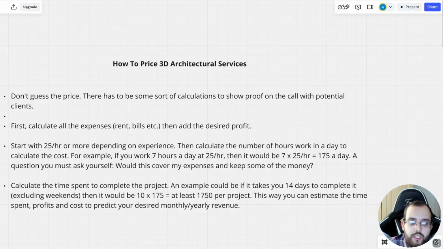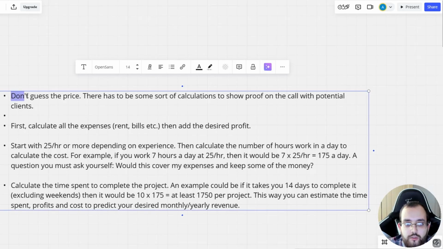Okay, so number one would be: don't guess the price. There has to be some sort of calculation to show proof on the call with potential clients. If you don't show your calculations on the call, then the clients may assume that you are only there for the money and you're just guessing the price without showing them how the calculations work.